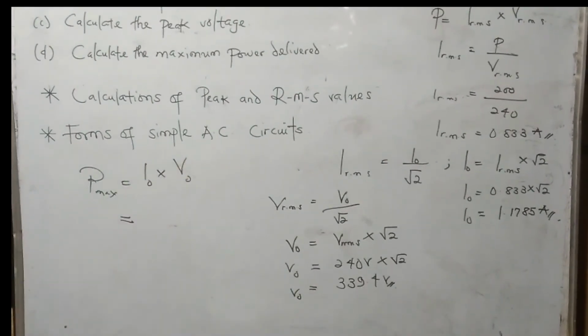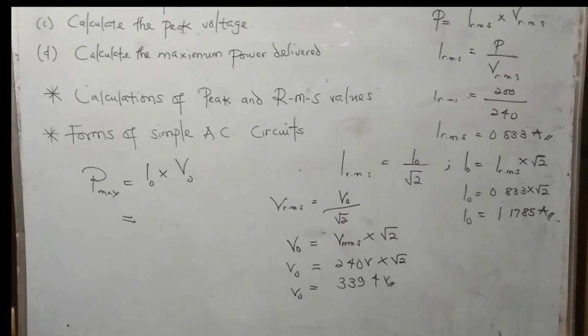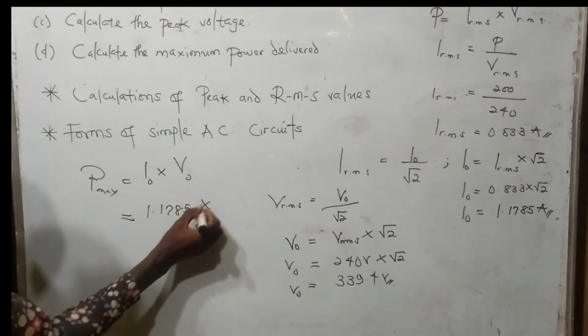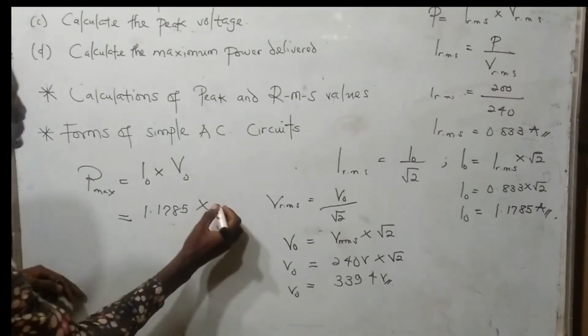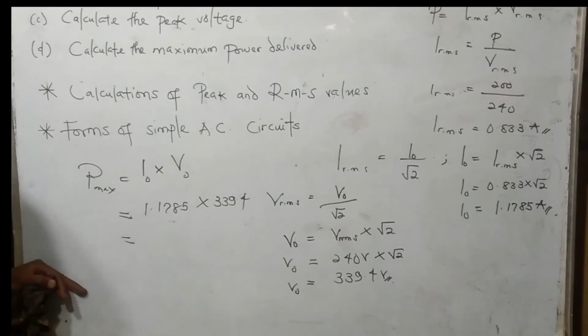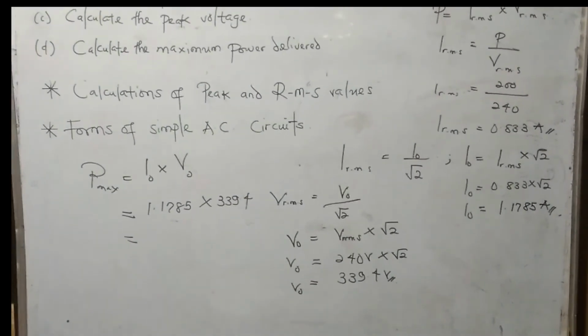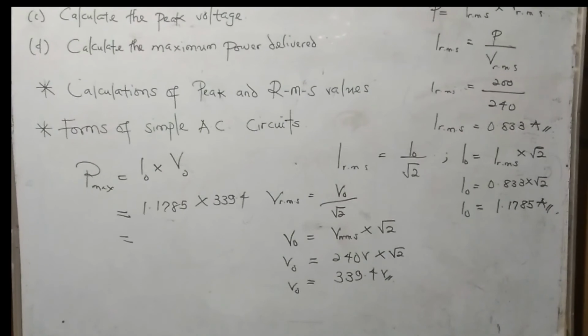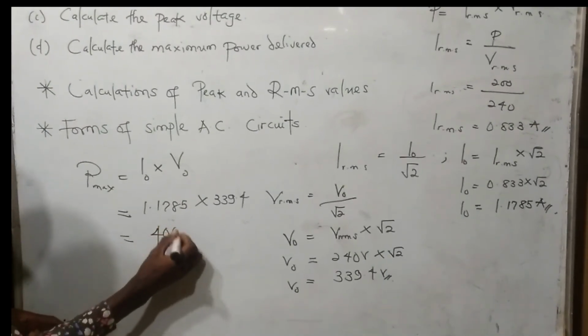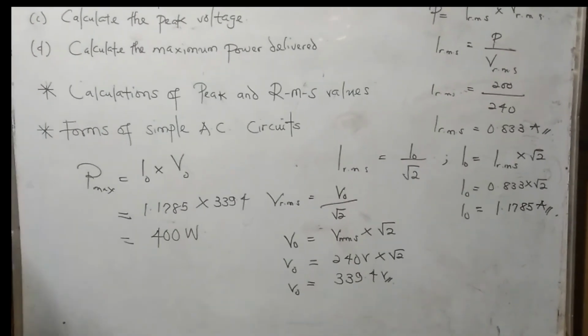From our computation so far, our peak current is 1.1785 amperes times our voltage of 339.4. Multiplying this together, we have our maximum power to be approximately 400 watts.